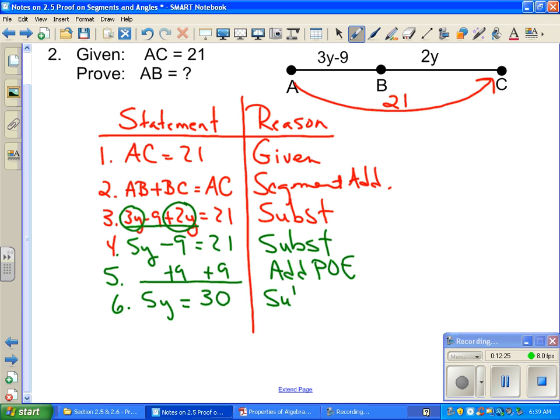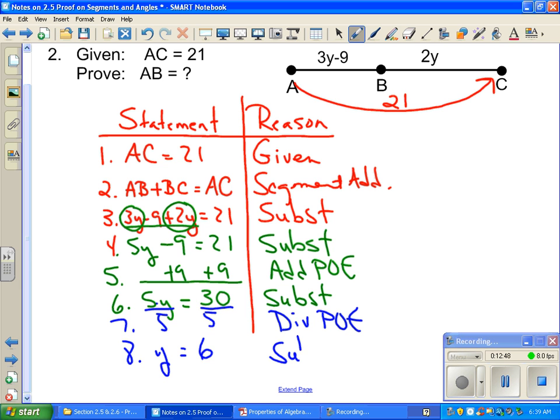That's substitution. And then we want to show the opposite of multiplying here times this 5 is dividing. So that will be step 7, shows division. So last but not least, the 5's cancel out on that y, and 30 divided by 5 is 6. And I substitute the answer in because 30 divided by 5 is 6.